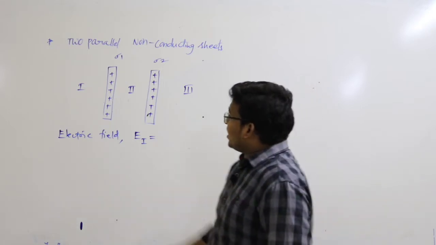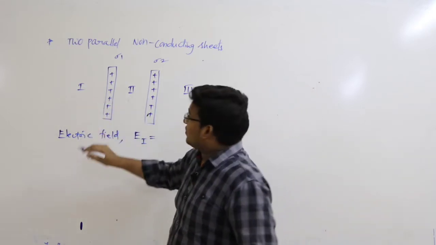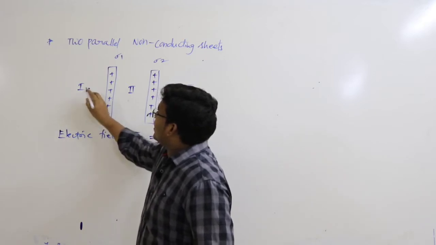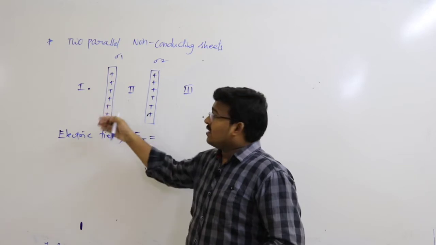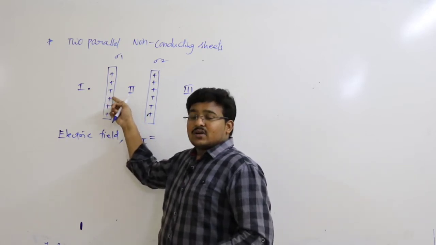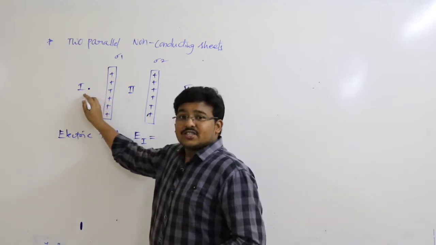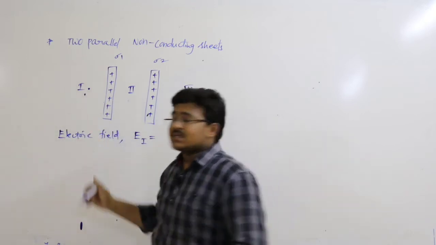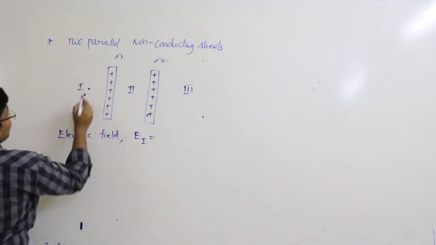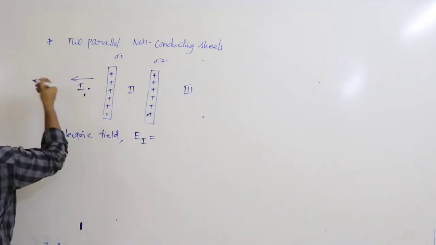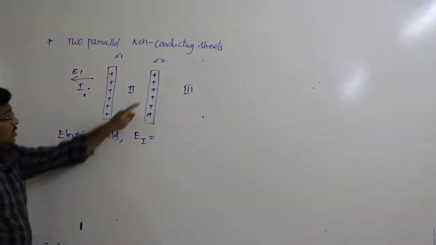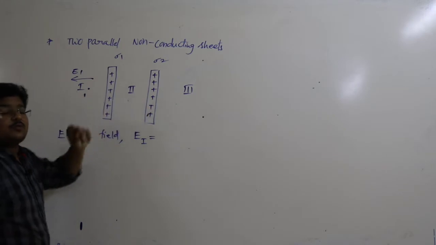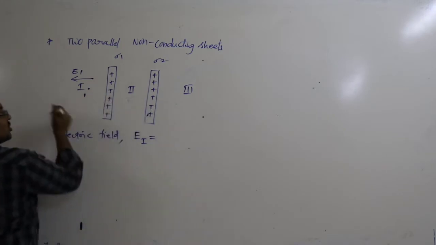So if I want to find the field in this region, due to this plate, this is the source and I am keeping a test charge here, it will repel it. It means that due to this plate, the field will be in this direction. This is E due to the first plate. Now due to this one, this is also positive, so this positive will repel the test charge.